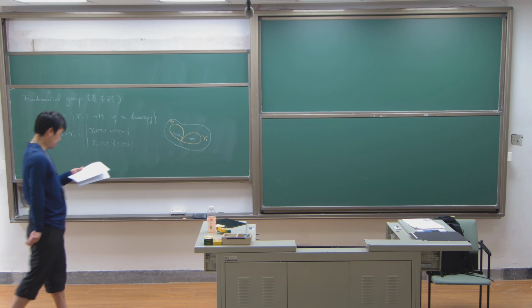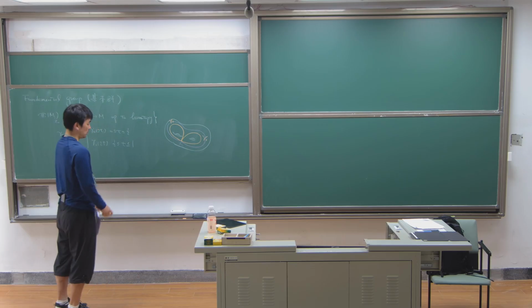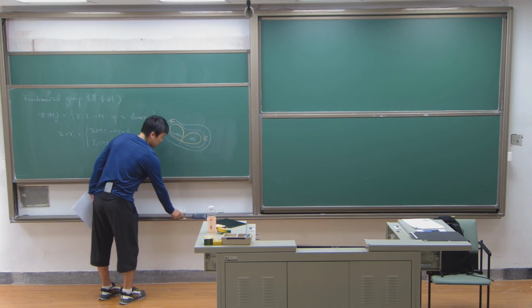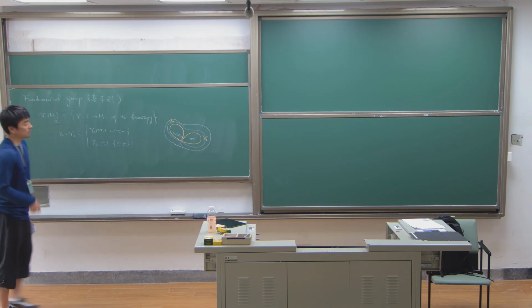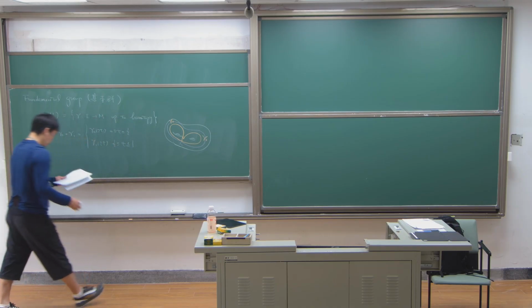So up to homotopy, this is equivalent to this. Namely, here you can just smooth it out like this. That's the multiplication of G.